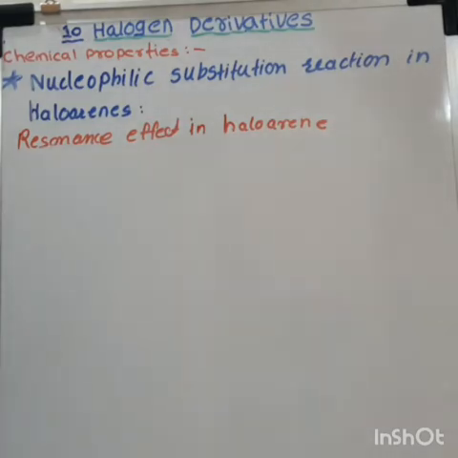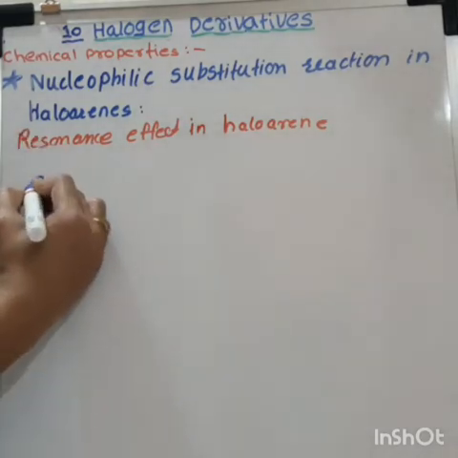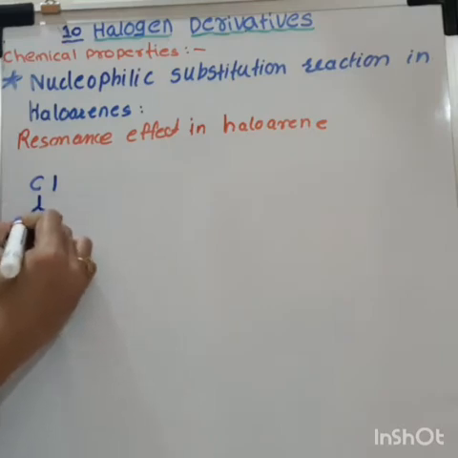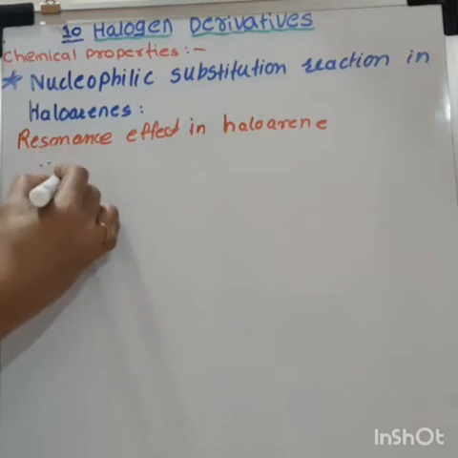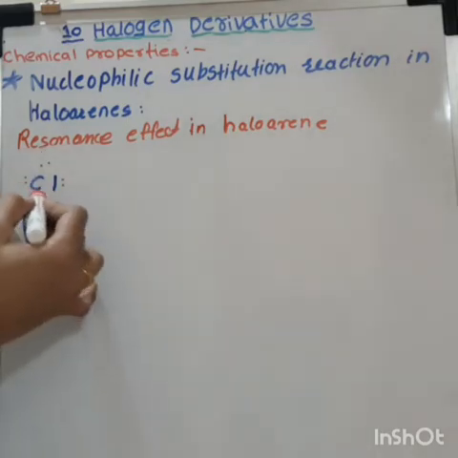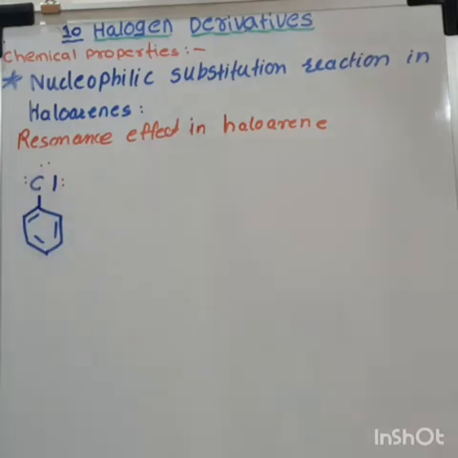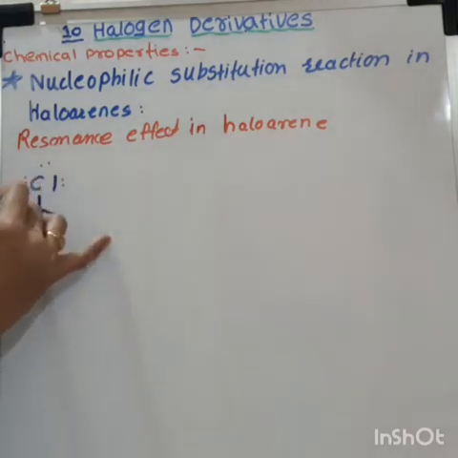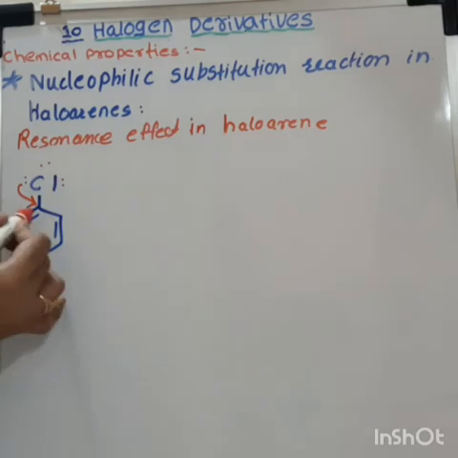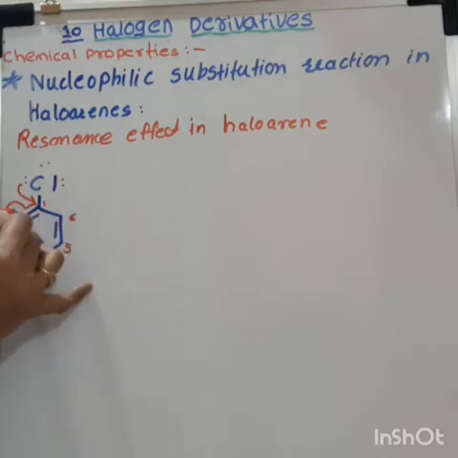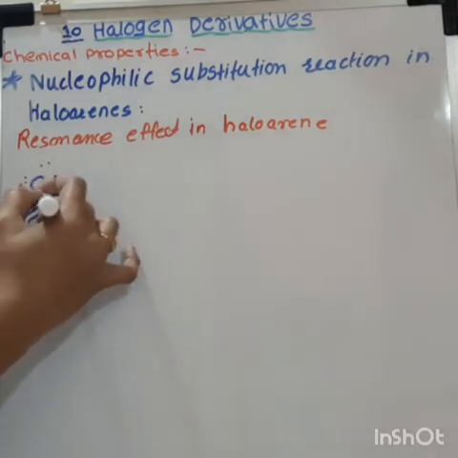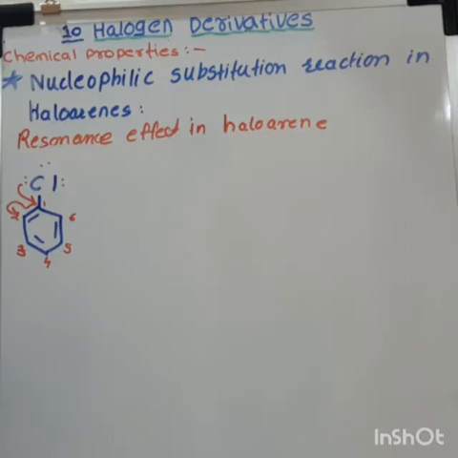Let us take the example of chlorobenzene. It has 3 lone pairs on it, and one of the lone pairs is in conjugation with the pi electrons of the benzene ring. It will transfer its electron to the benzene ring. This bond between carbon number 1 and 2 will break, and these electrons will be transferred to carbon atom number 2, and there will be a double bond formation between chlorine and carbon number 1.